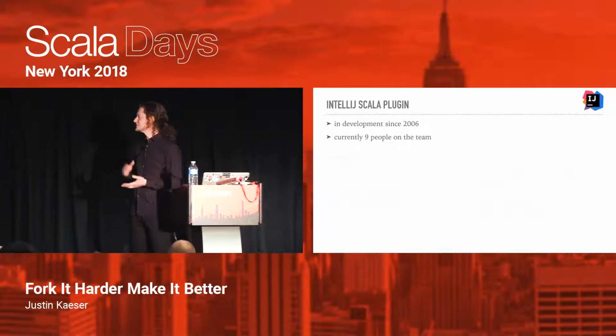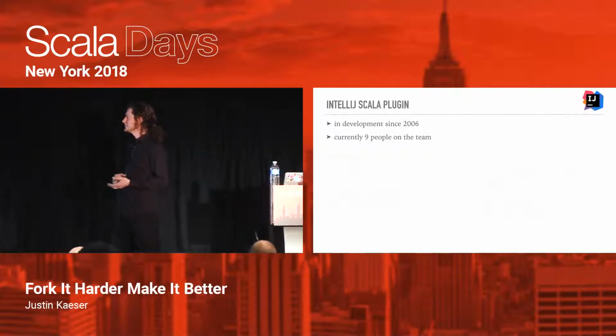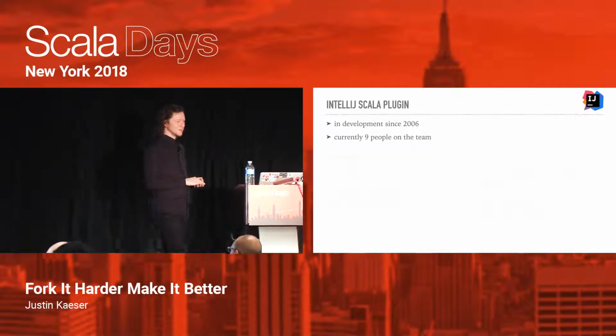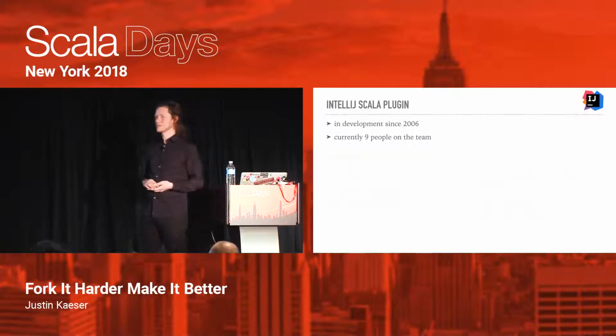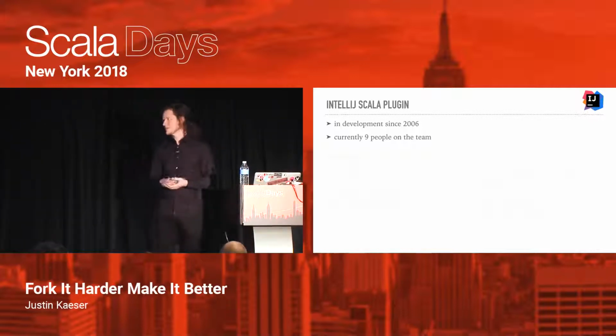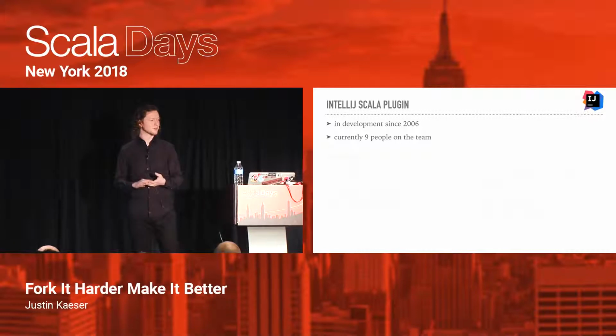And of course, I have to mention this IntelliJ Scala plugin thing. It's been around even longer, since 2006 are the first commits I saw. I've been only working on it for about 2 years.